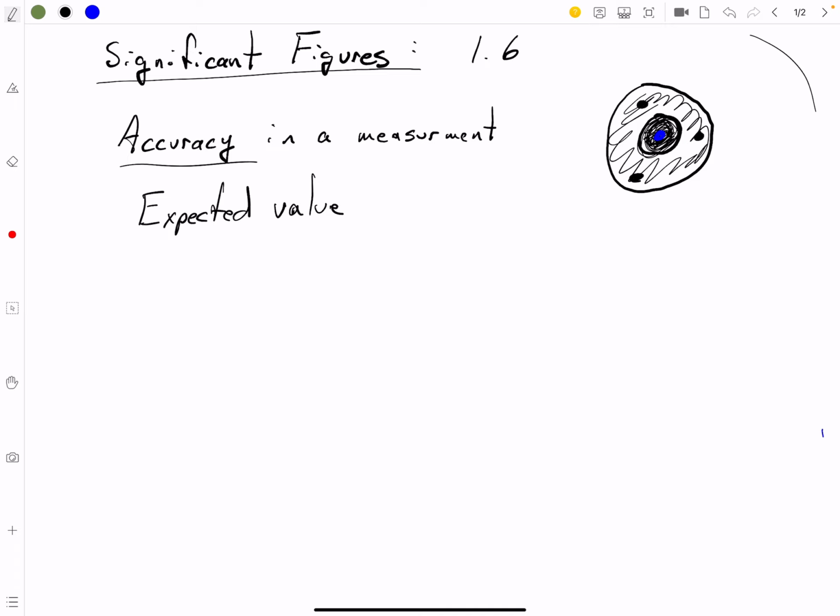So that is how close a measurement is to the accepted or expected, theoretically calculated value.